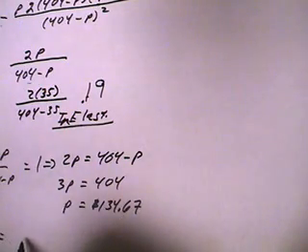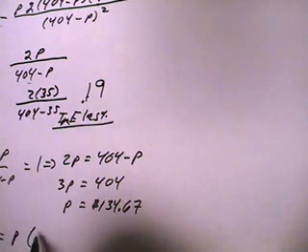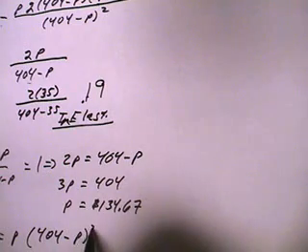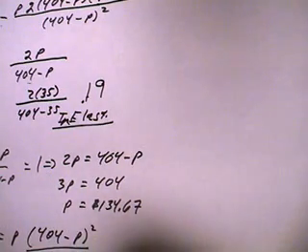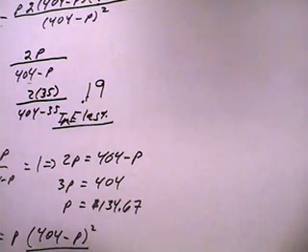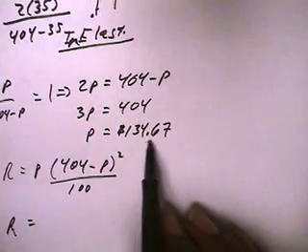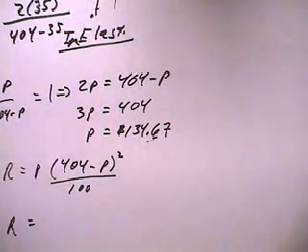What would the maximized revenue be? Well, price times demand function. And the demand function is 404 minus p all squared divided by 100. And so we need to put the price of 134.70 into the price here.